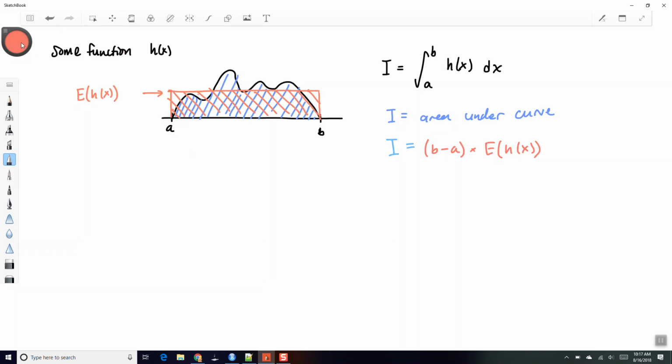Right? And so in this case, this is going to be the expected value over f, where x comes from f of x, where f of x is equal to the uniform distribution from a to b.